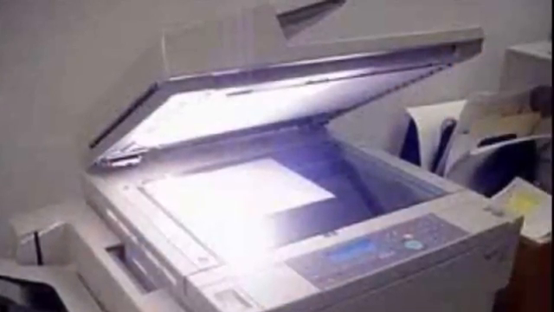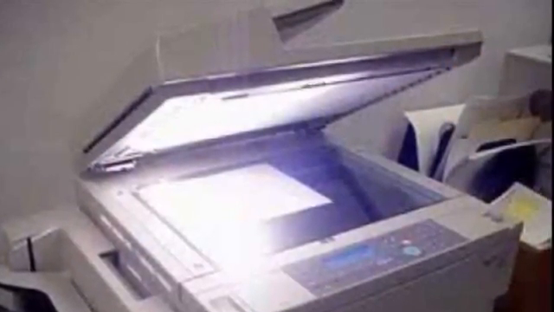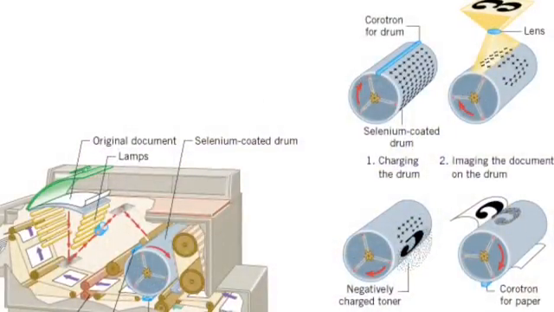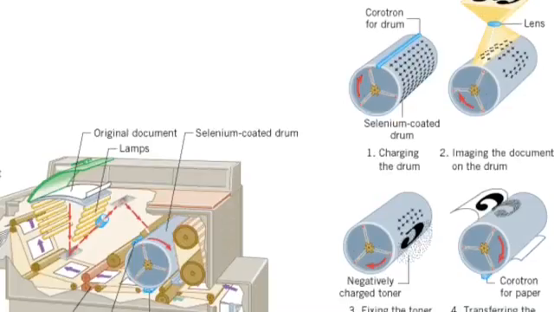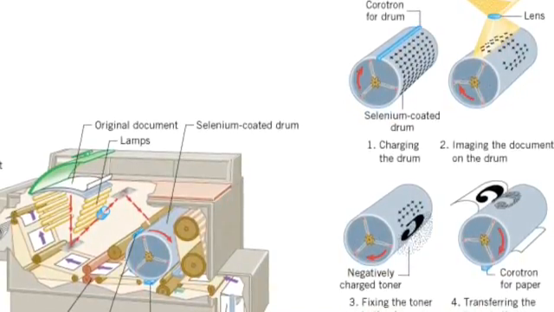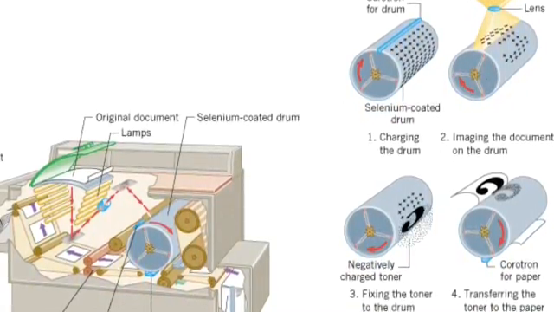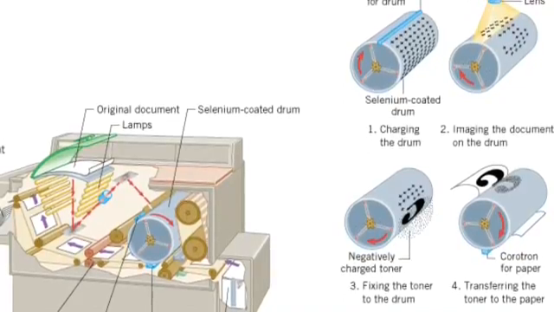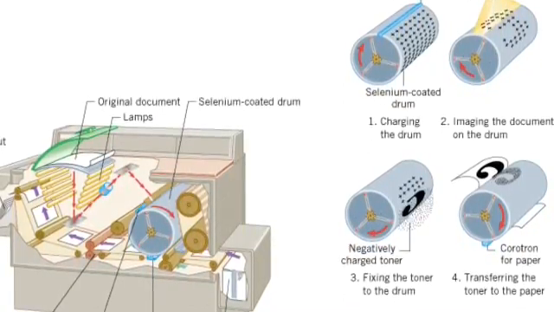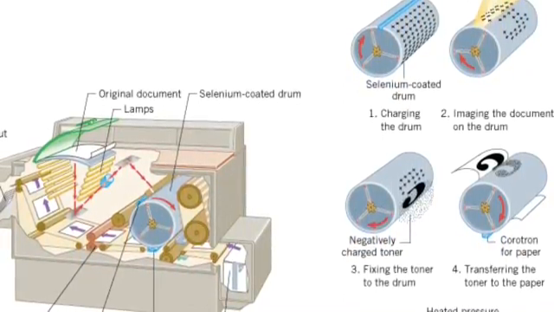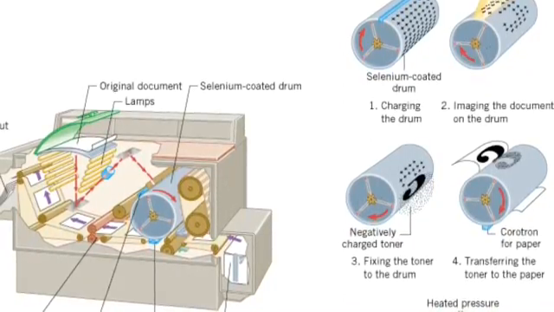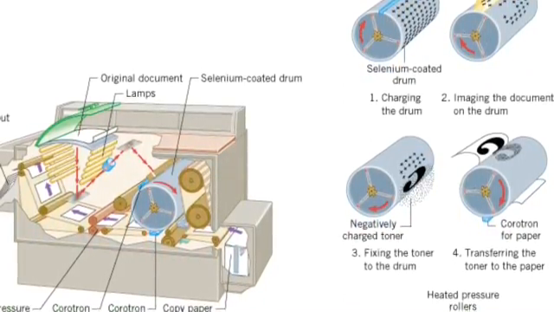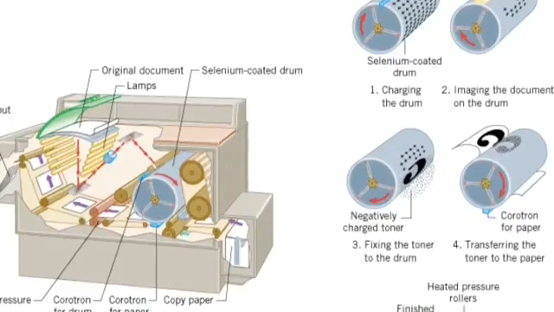Let's finish by looking at the photocopier and how it uses static electricity. The page you want to copy is placed on the glass screen, and an image is projected onto a positively charged drum. The drum has a coating that conducts electricity when light falls on it, so the parts of the drum that are lit by the projected image lose their charge when they start to conduct.